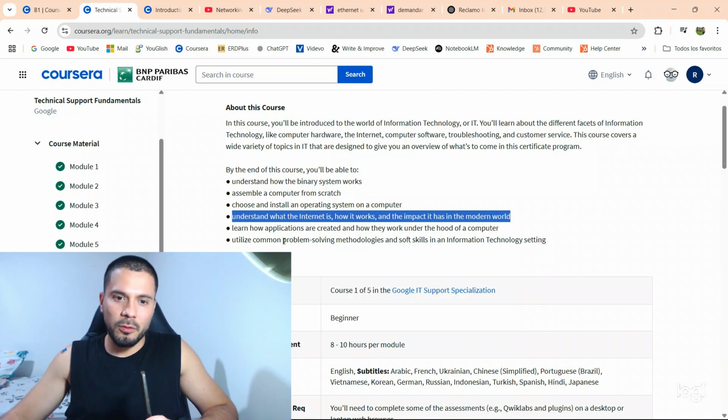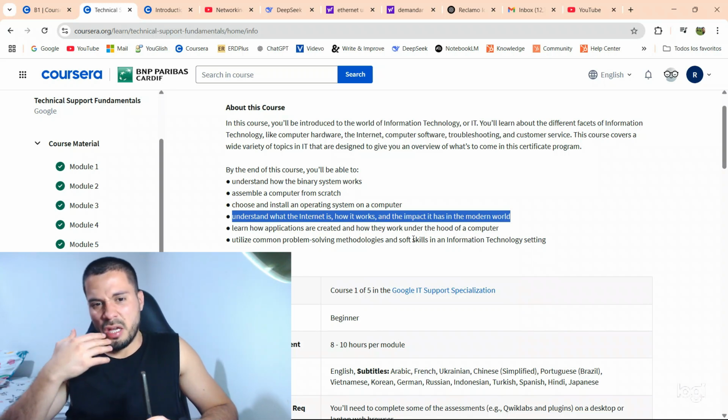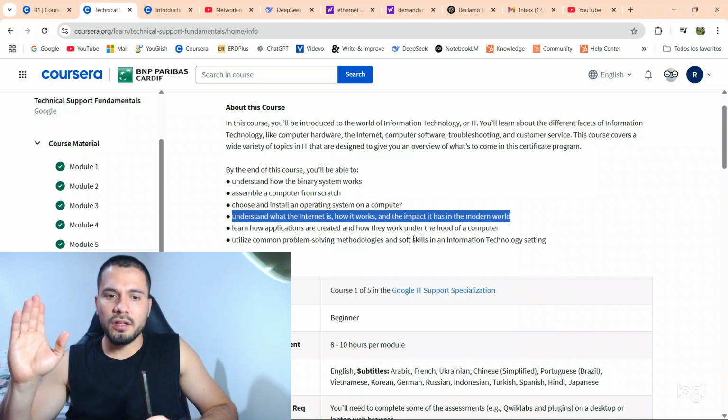And utilize common problem-solving methodologies and soft skills in information technology settings. They gave a quick overview on customer service, how to troubleshoot, and some troubleshooting in networking.